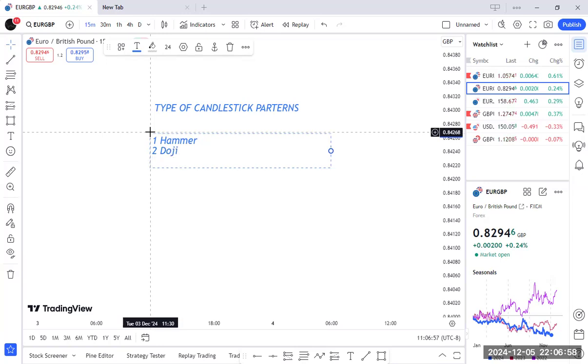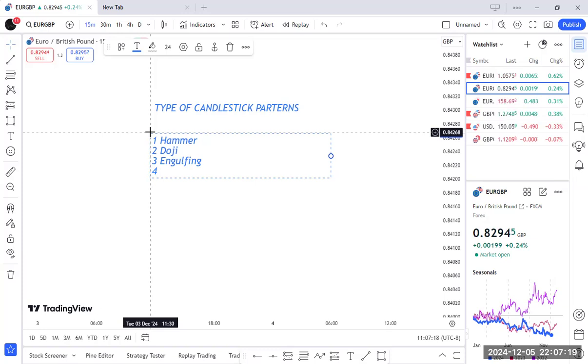Number three, we have the engulfing candlestick.